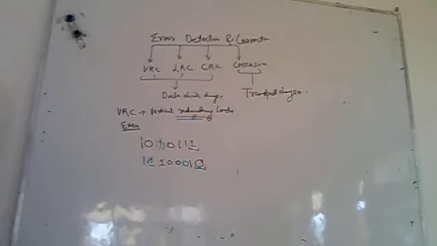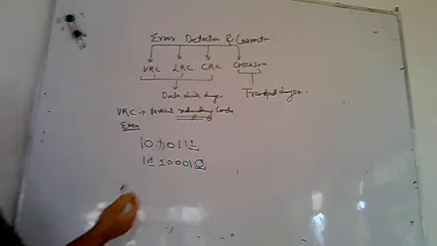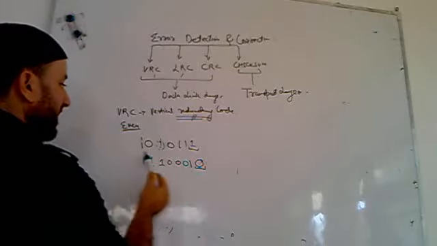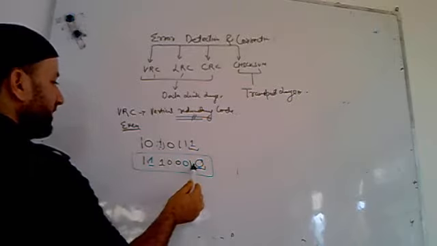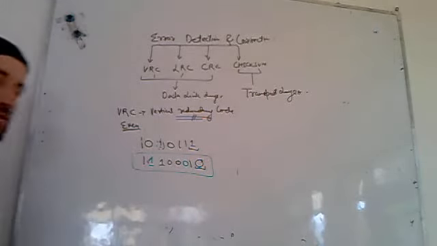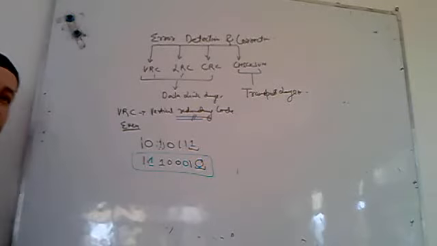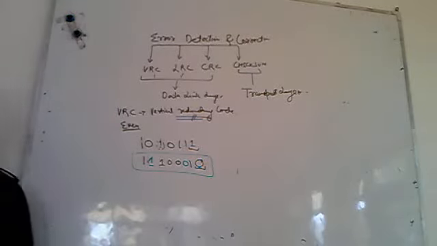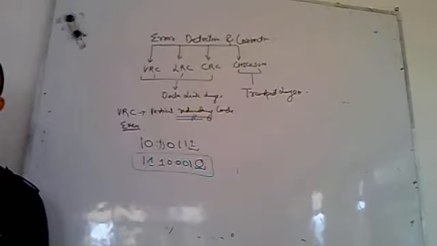And my parity is even parity. What will I see? When I calculate the number of ones at the receiver, that is 1, 2, 3, 4, that is even. It's correct, but it's not correct. 2 bits are in fact in error. Right? So 1 bit error can be checked, but 2 bit errors it will not check.